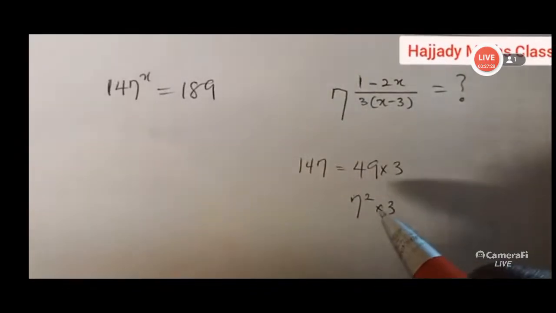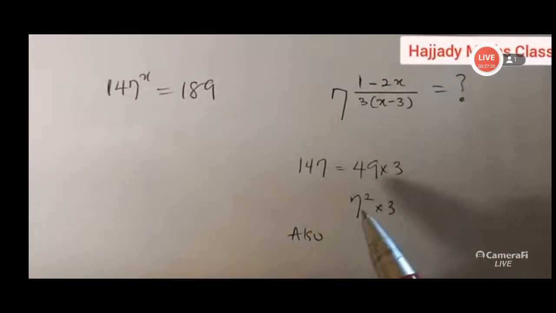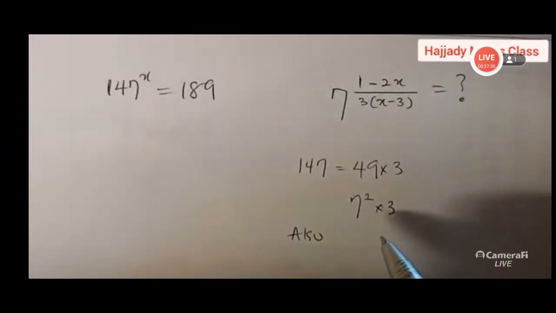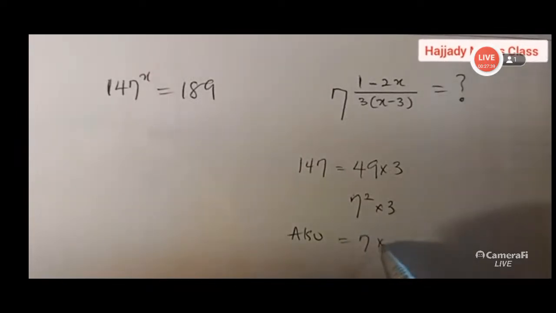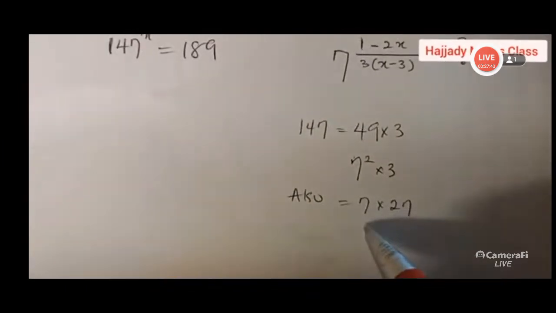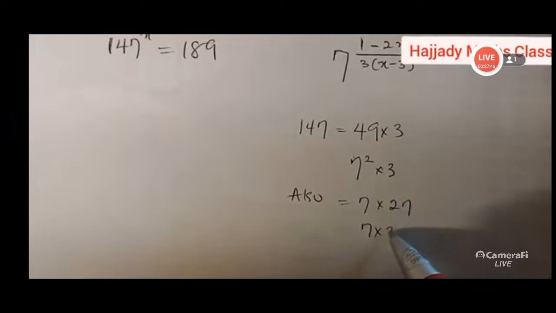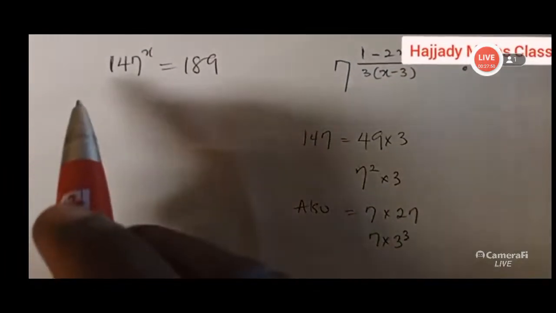Also, we have that 189 can be written in the form of 7 multiplied by 27, and 27 also can be written in the form of 3 raised to power 3. Now, having known this, we are coming back to this.